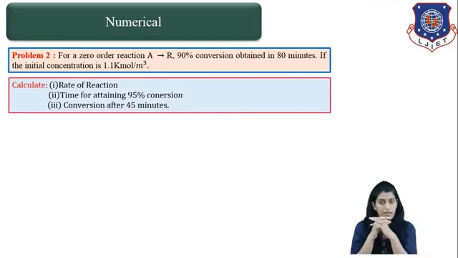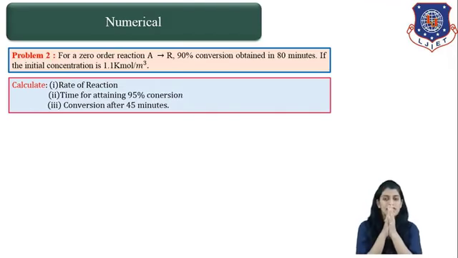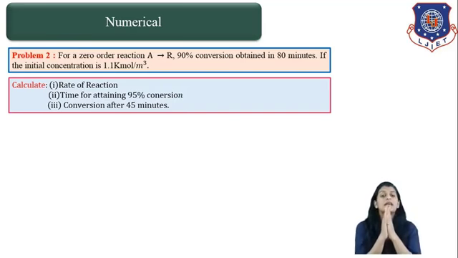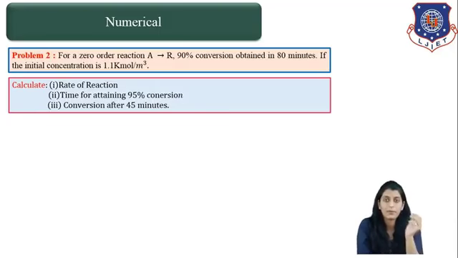So we are provided with one problem and we need to determine three different cases for the given problem, right? So the problem given to us is we are having a zero order reaction in which reactant A is getting converted into desired product R, right? After 80 minutes, 90% conversion has been attained. That means 90% of the reactant has already converted itself into product after 80 minutes.